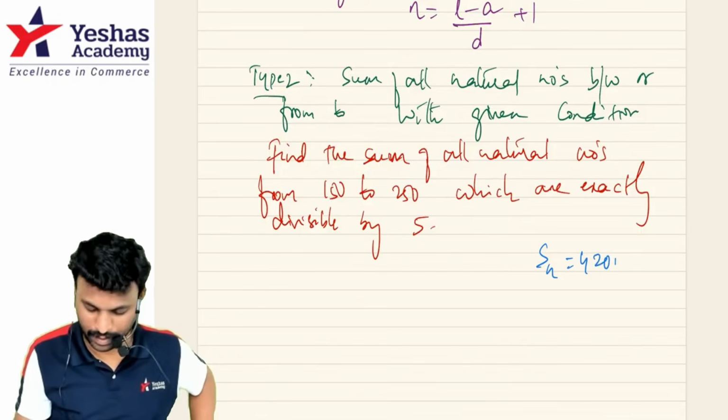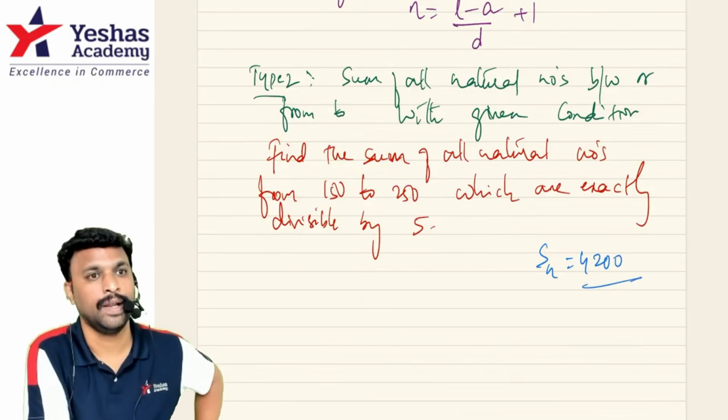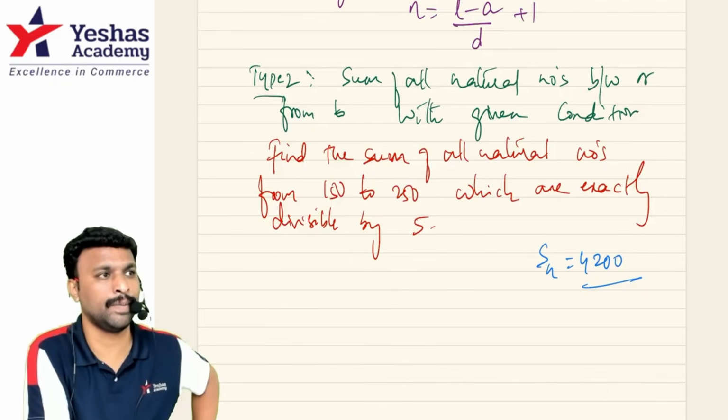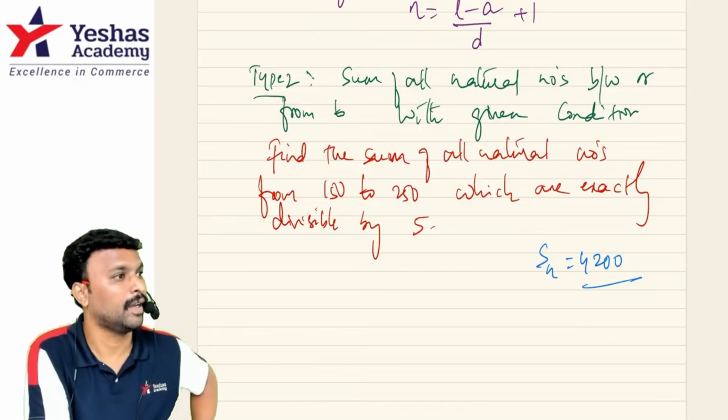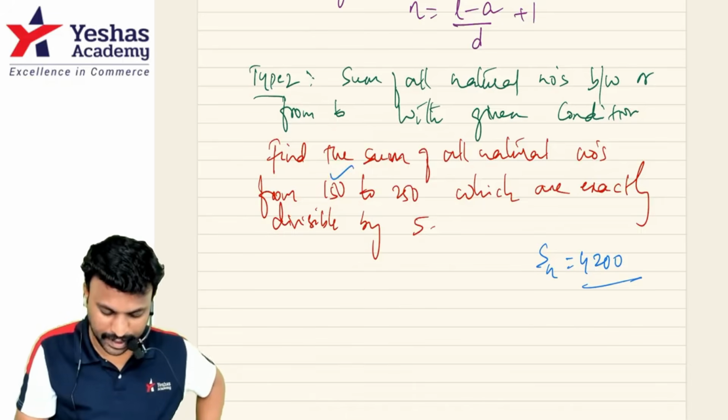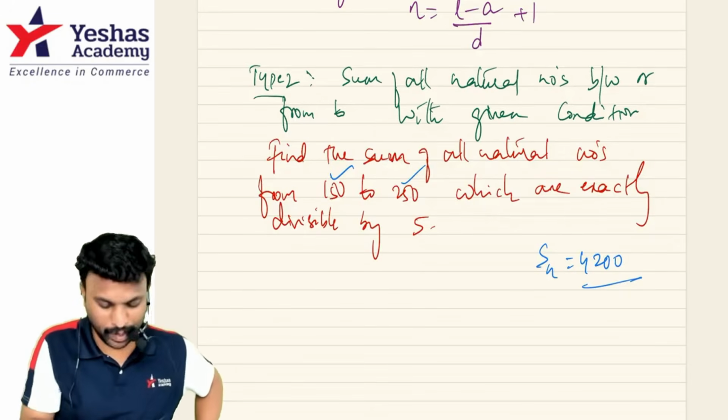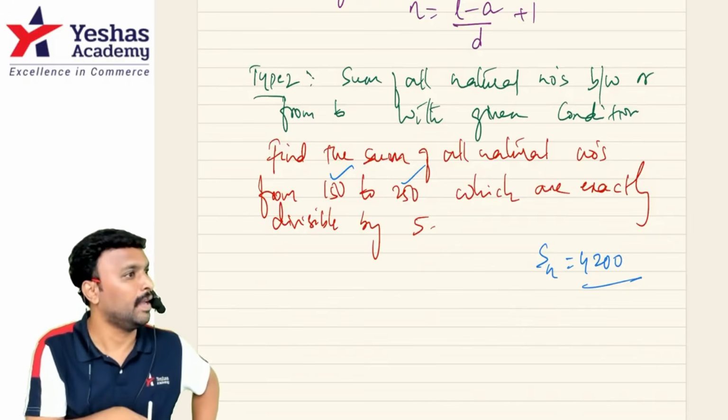From to, should you consider the two given numbers or should not? We should. Condition satisfied. So are they divisible by 5?